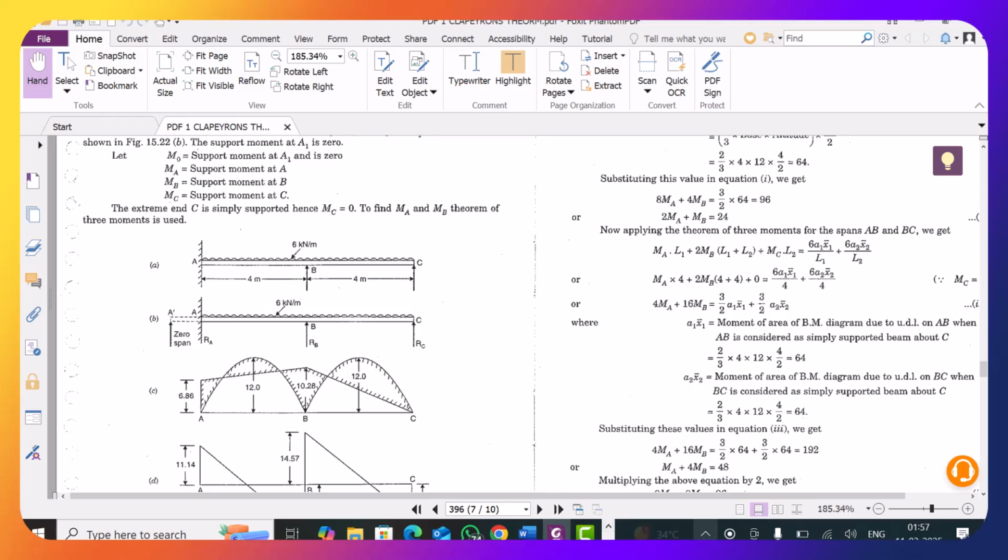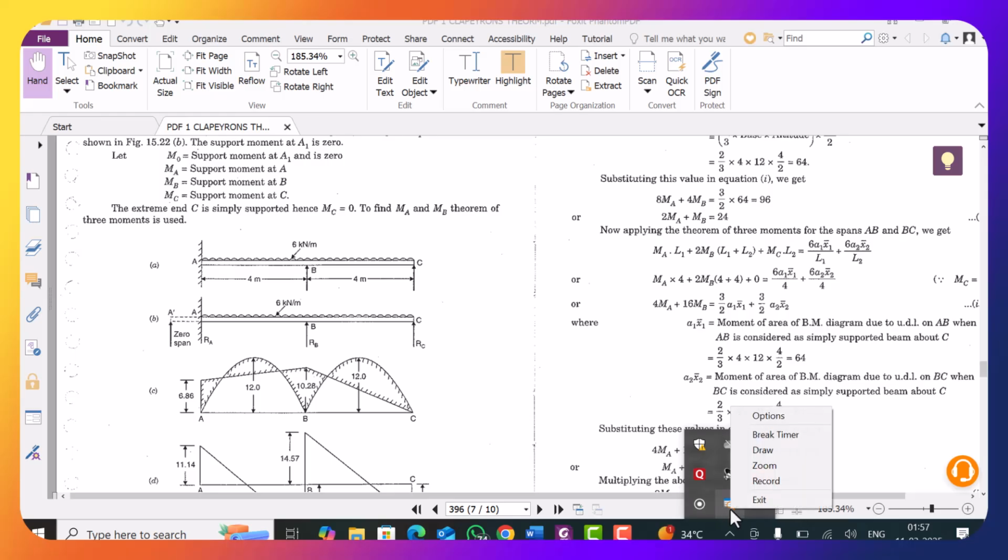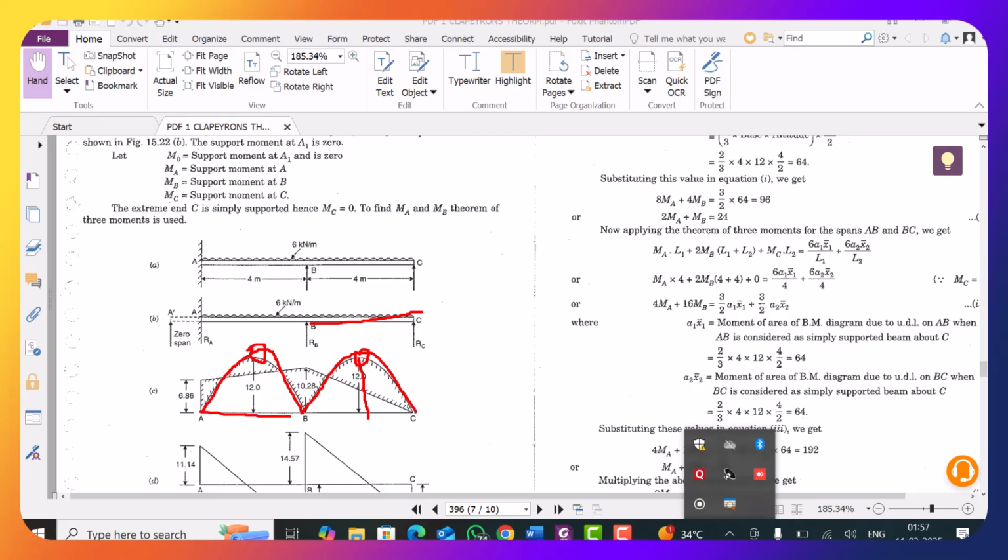So it is coming 12 kilonewton meter. If you look at span BC, the same UDL is there with span 4 meters, and the shape is a parabola because the equation developed will be of second degree. So this is again 12 kilonewton meter, right? These are the bending moment diagrams plotted by using the very simple equation WL square by 8. That's it.